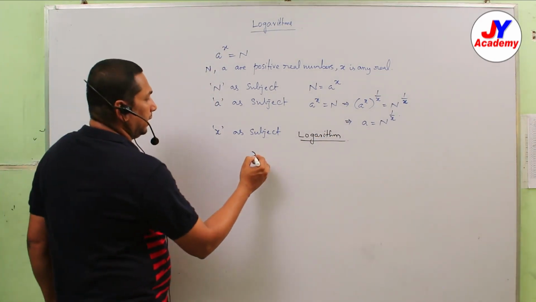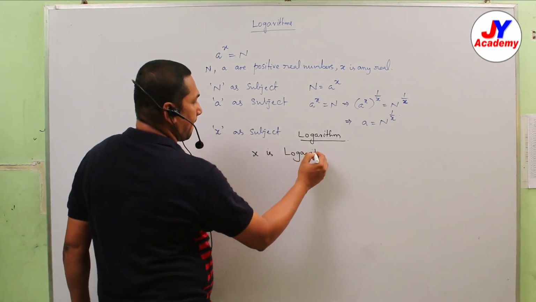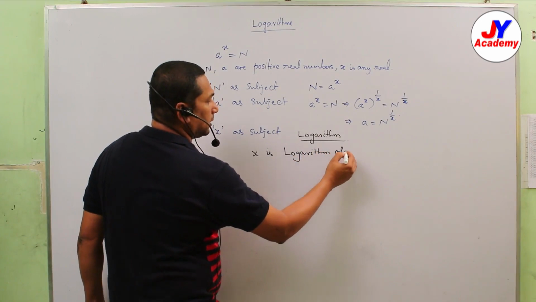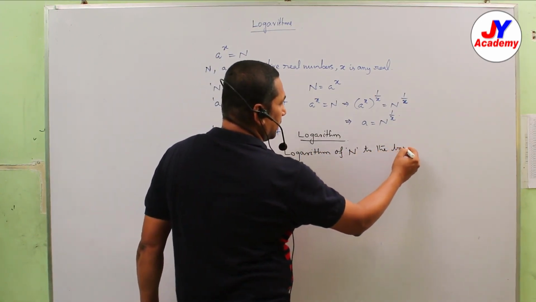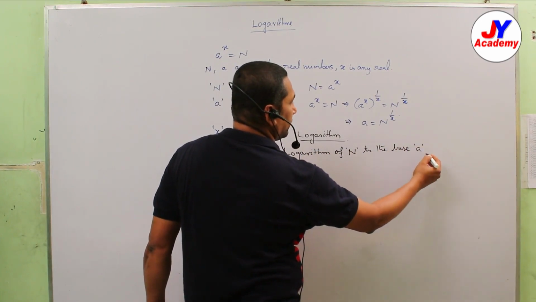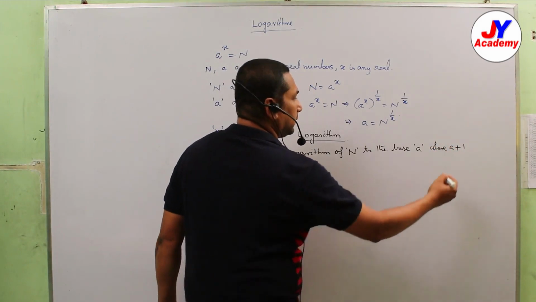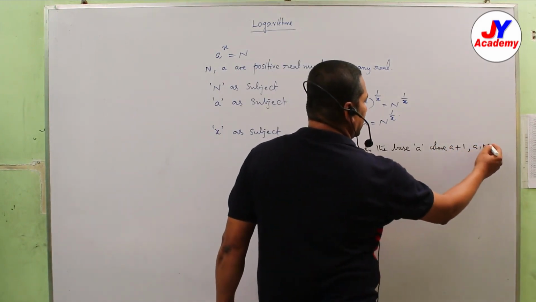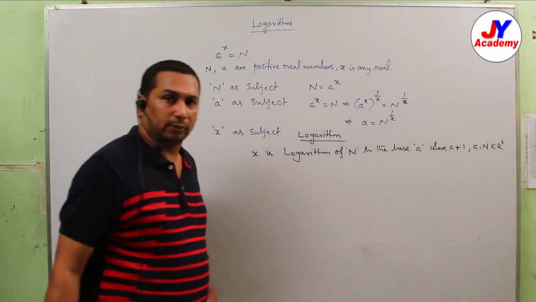So x is logarithm of n to the base a, where a is not equal to 1 and a, n belong to R plus, positive real numbers.